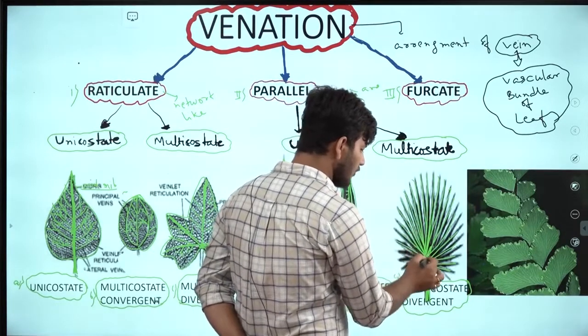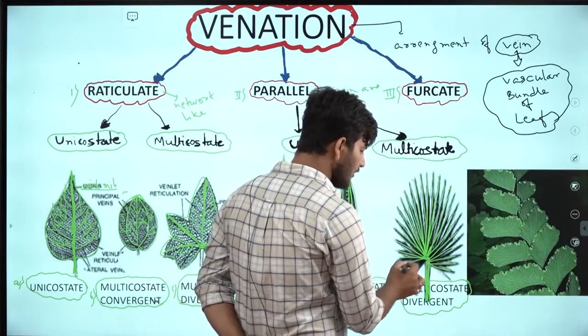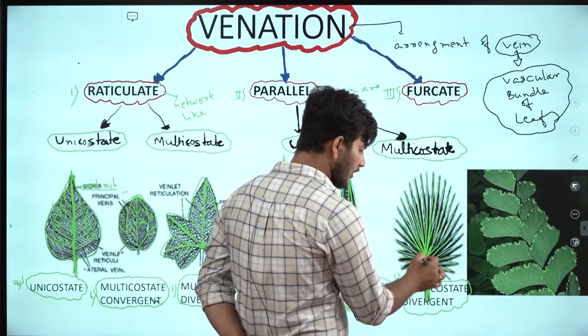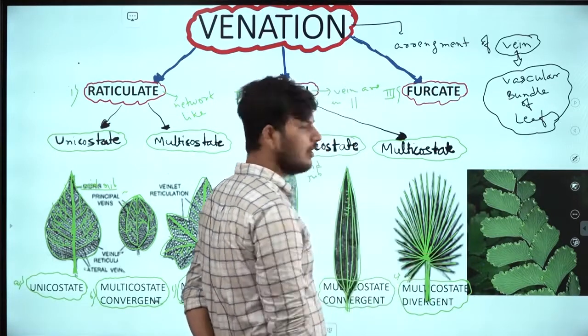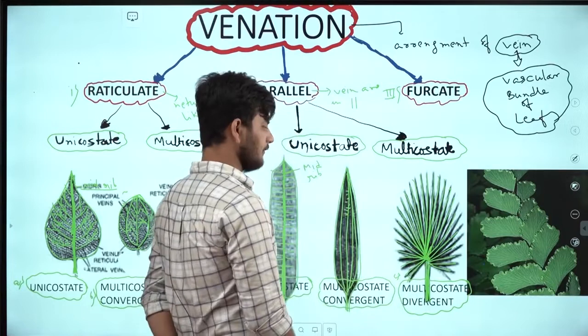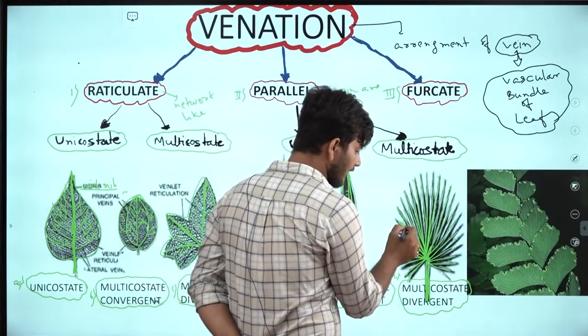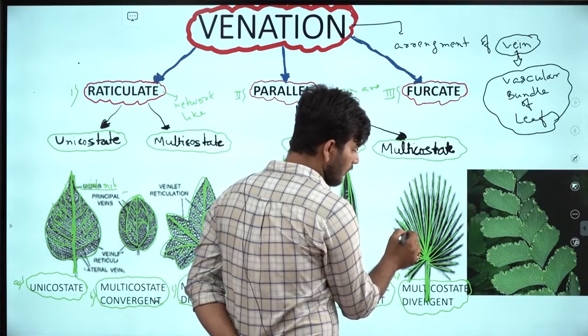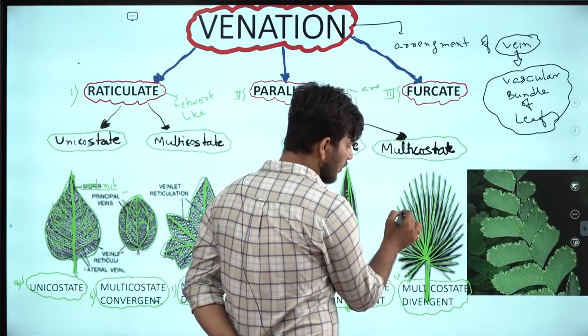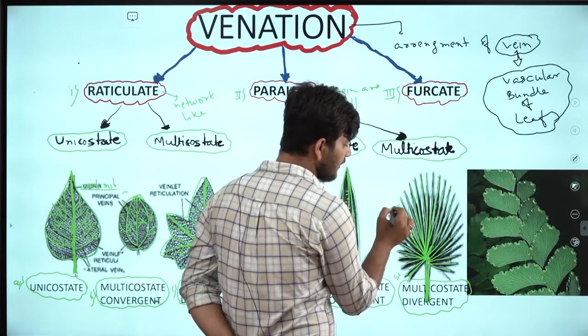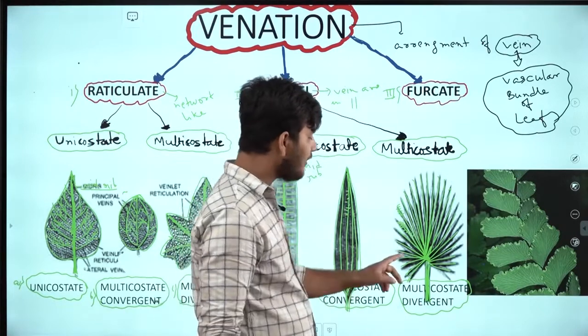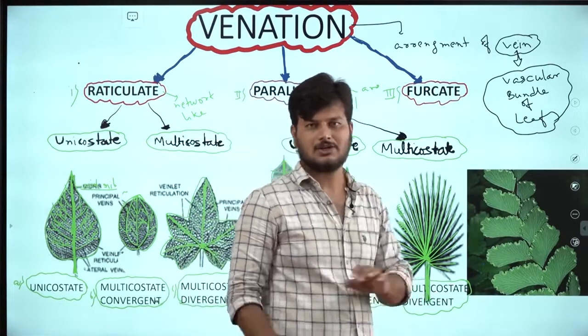Since all the veins diverge away from a common point, it is called divergent type of venation. Also, in this type all the veins are in parallel position. That's why it is called parallel divergent venation.